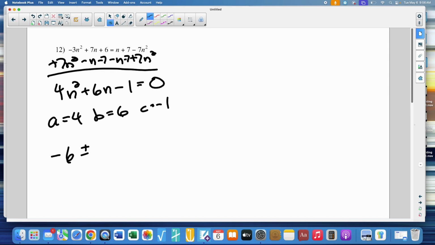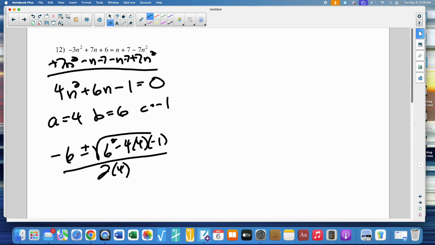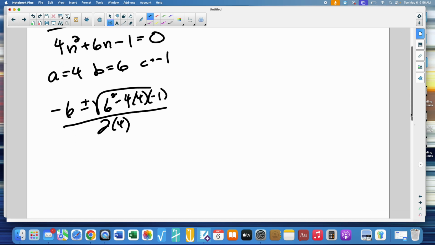Opposite of B, plus or minus the square root of B squared minus 4 times A times C, all over 2A. I do that really fast, and I can do it fast because I wrote those numbers up there. A equals 4. -6 plus or minus the square root of 36 plus 16, over 8.